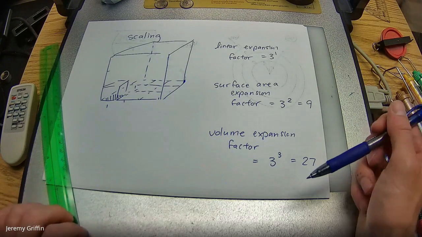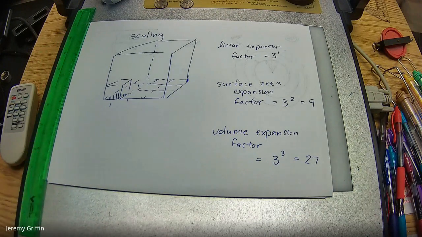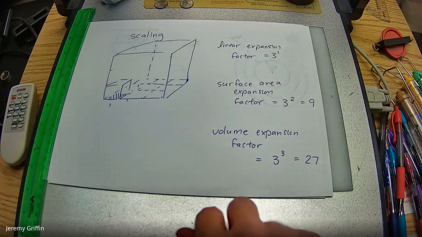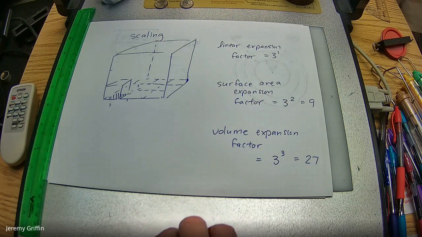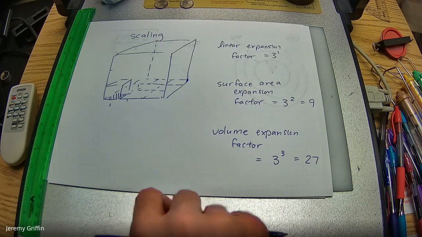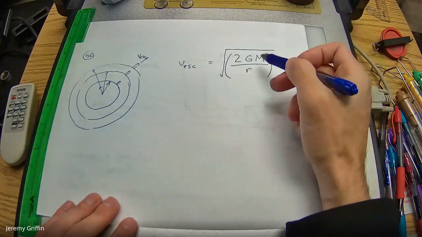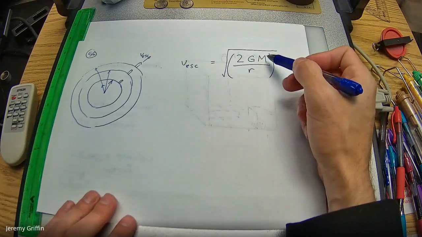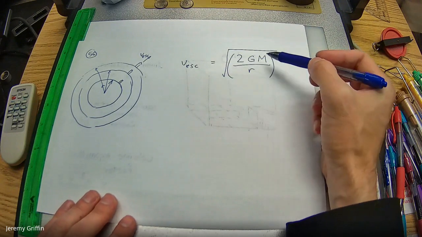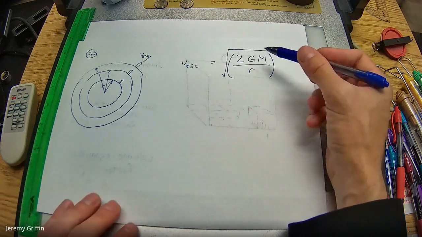Which is about to tie back to that question that we're working on, because doesn't mass occupy volume? So if something's getting bigger, bigger, bigger, then sure, this radial size is getting bigger, but the mass is getting bigger too, because the volume is getting bigger.